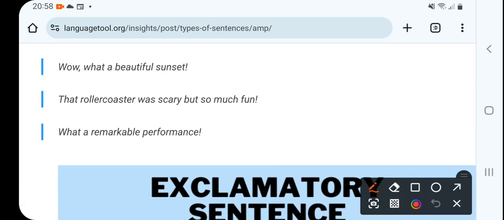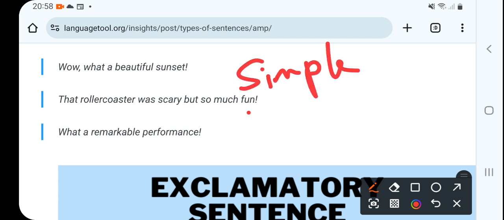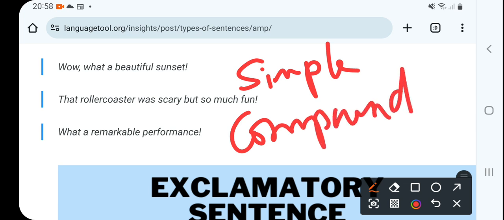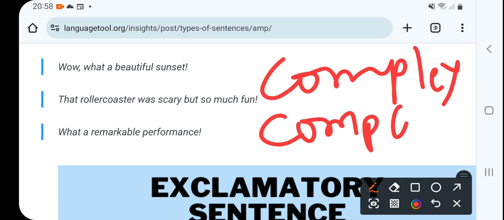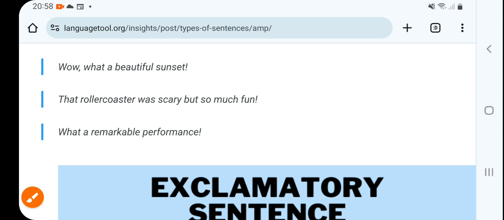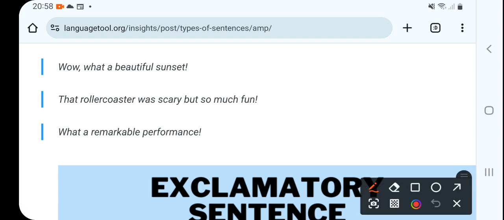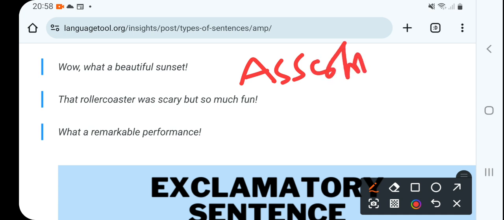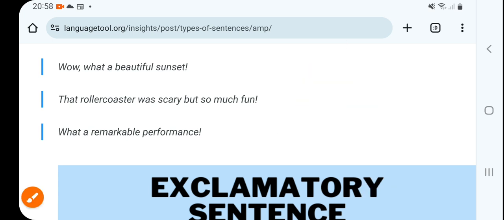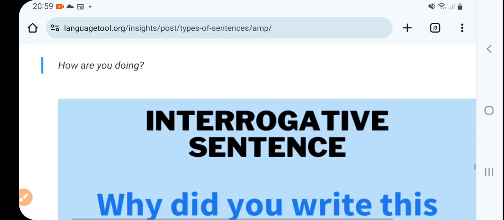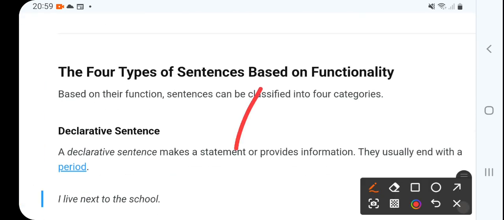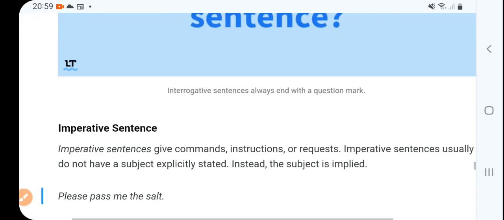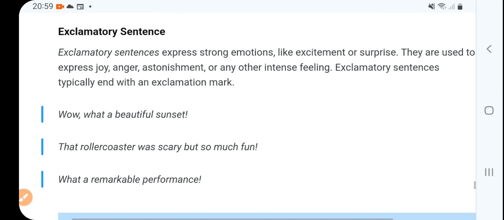First, grammatically, 4 types: simple, compound, complex, and compound-complex. And by purpose: declarative, then interrogative, then imperative, and exclamatory sentence.